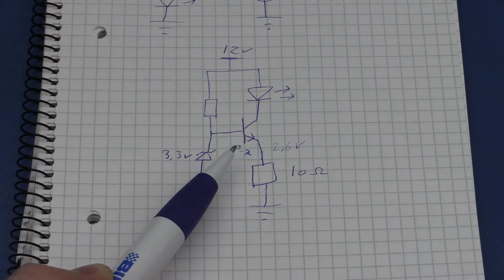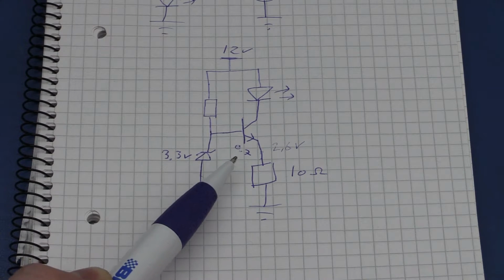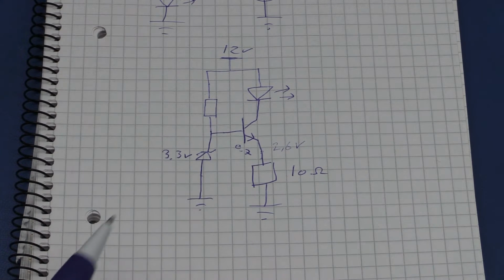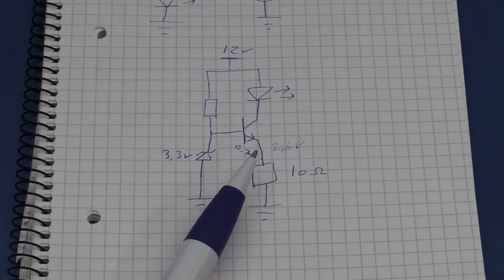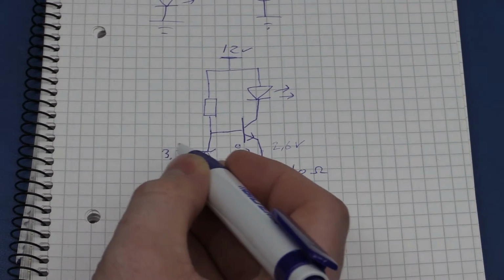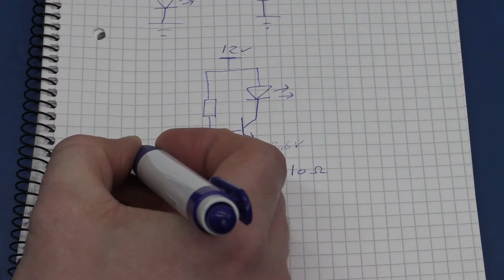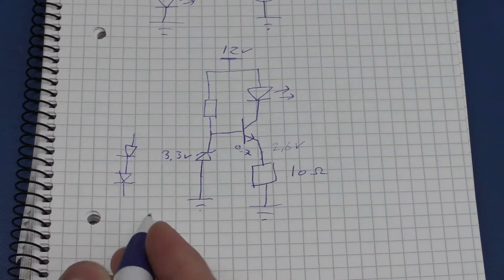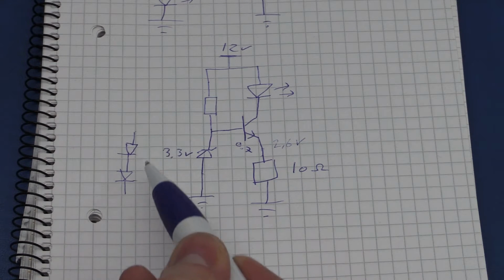For the silicon transistor like this, we need something higher than 0.7 volts because we will lose that across the base emitter junction. But we can use 2 normal diodes instead of the Zener diode and put them in series like this, which would give us about 1.4 volts.